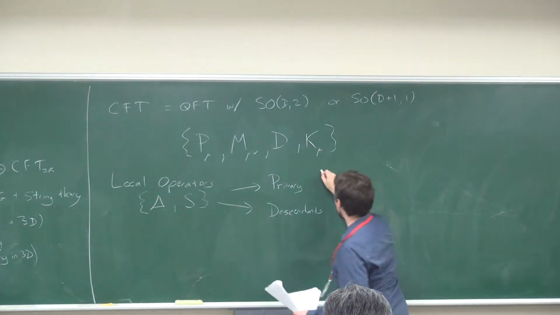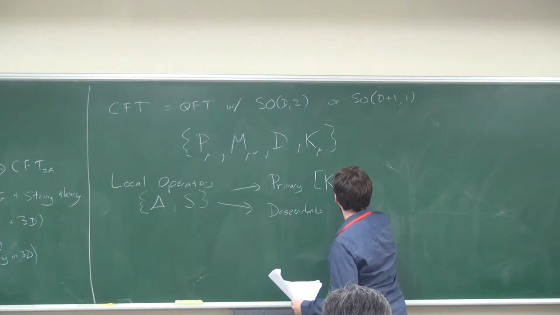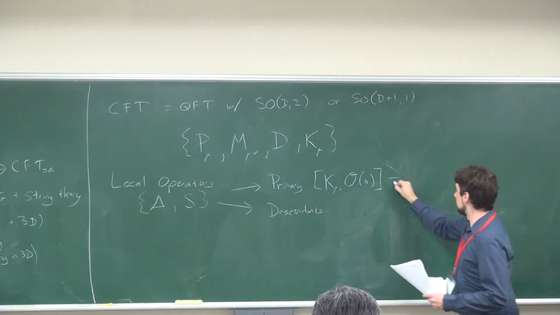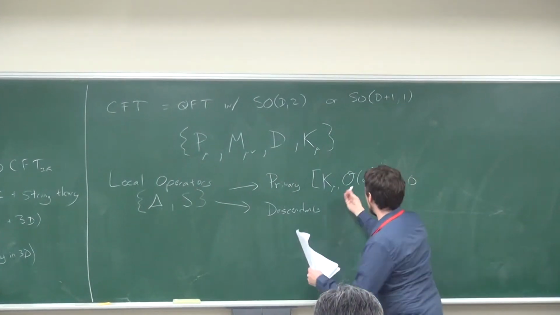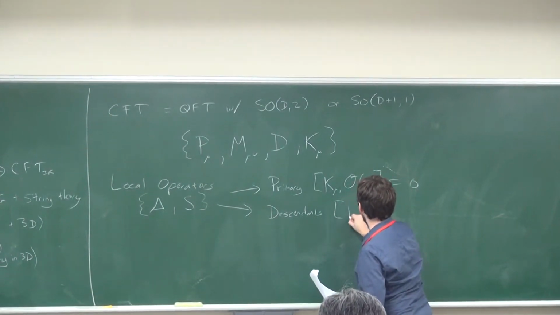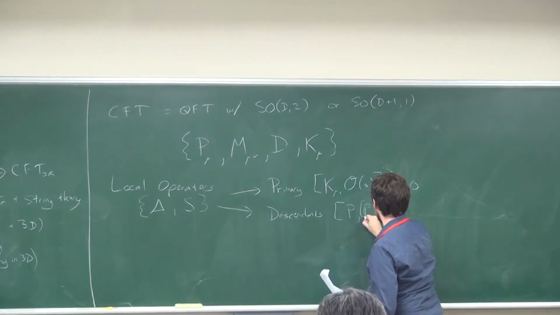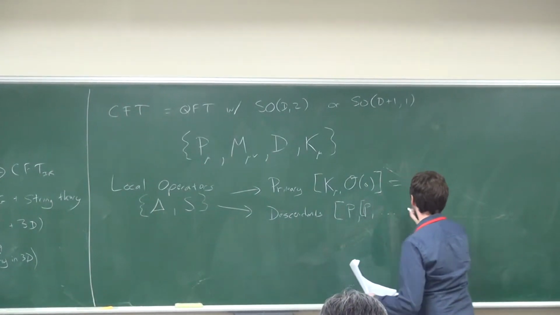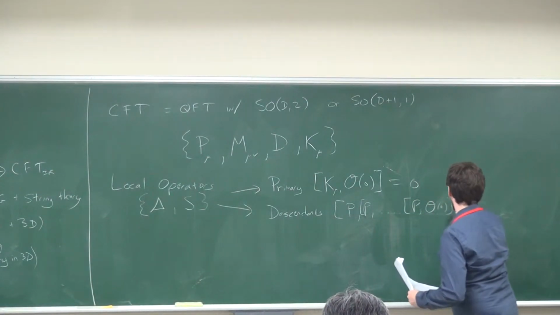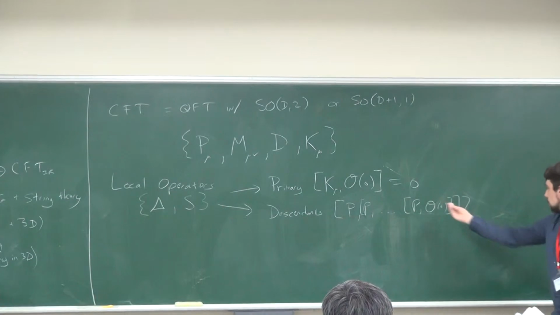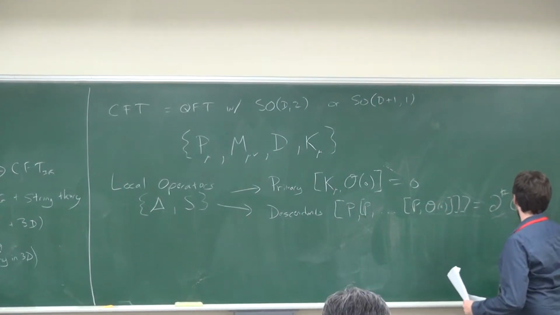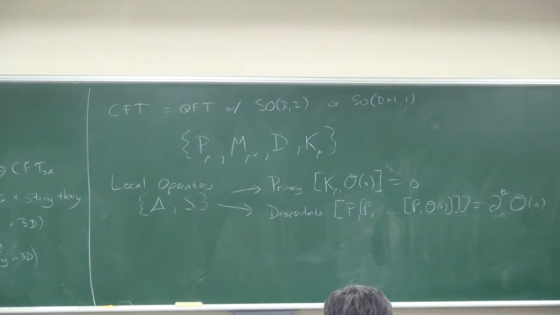The primary operators are the ones that are annihilated by the special conformal generator at the origin. And the descendants are obtained by acting on the primary operators with some number of translation operators, which gives you derivatives of the primary.